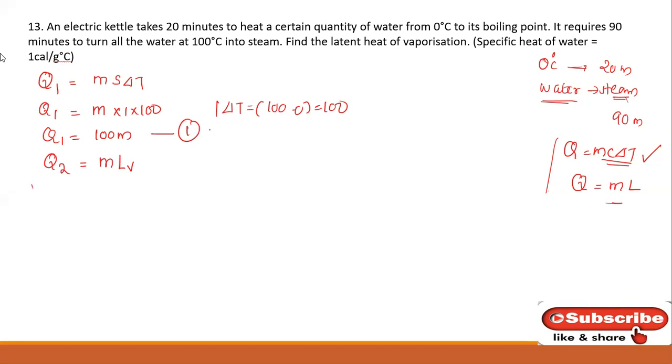The conduction rate formula is Q by T. Since the kettle is the same, the conduction rate will be the same. So we can write Q1 upon T1 is equal to Q2 upon T2. Conduction rate is same.